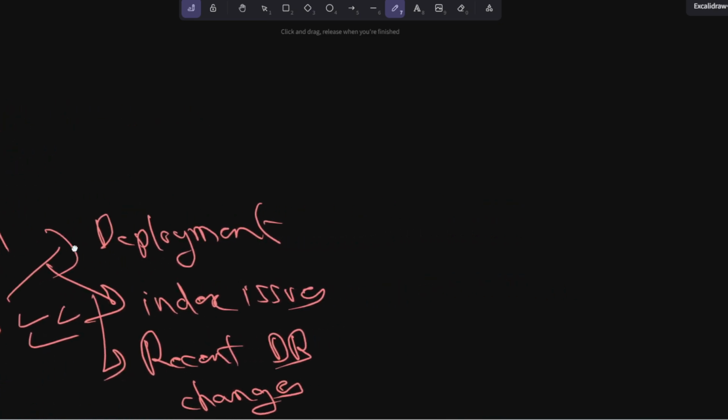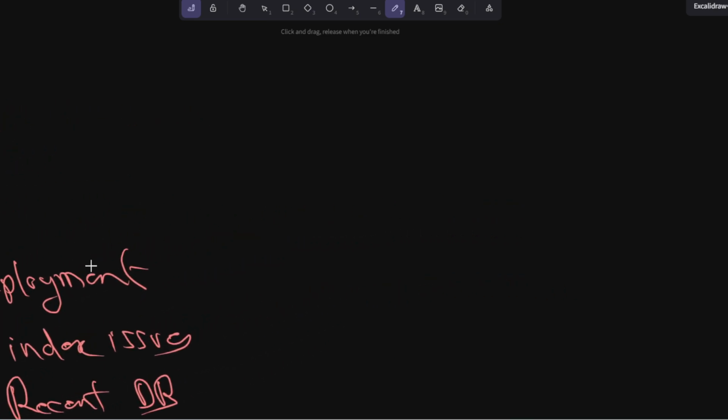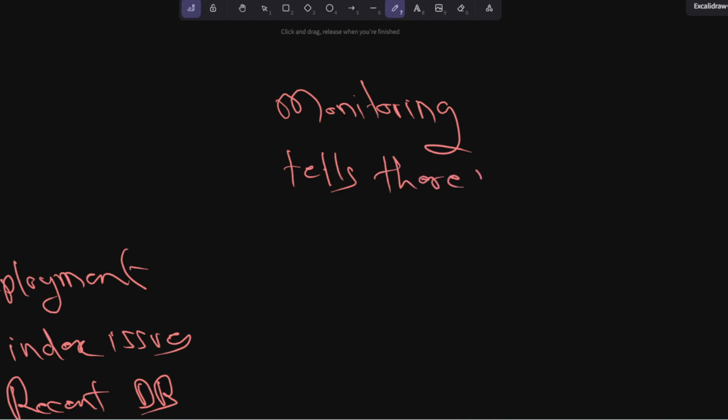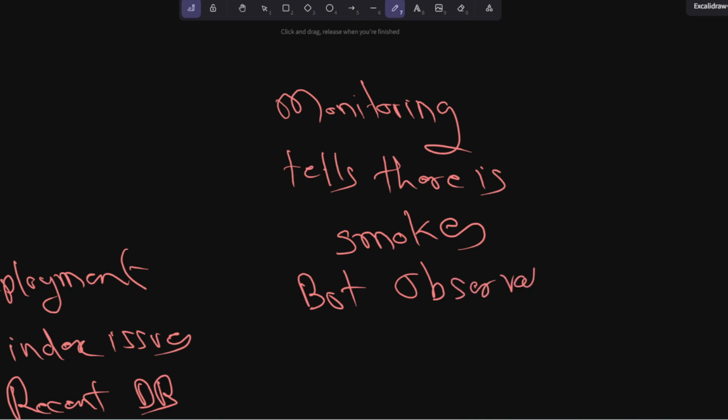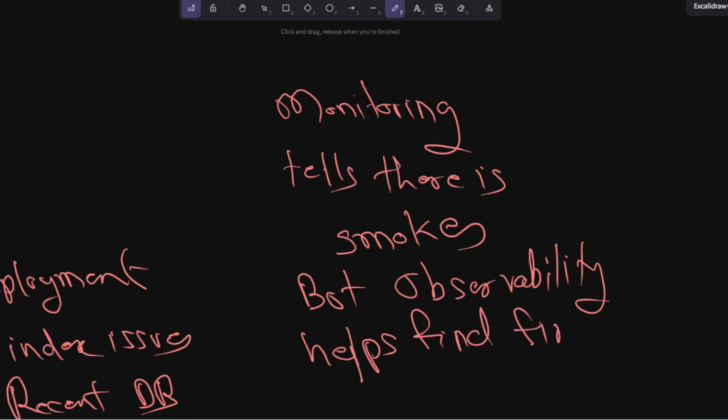So to sum it up, monitoring tells us there is smoke, but observability helps us find the fire.